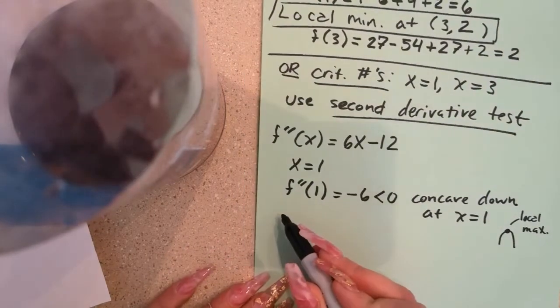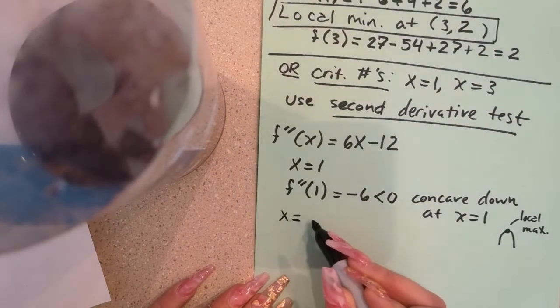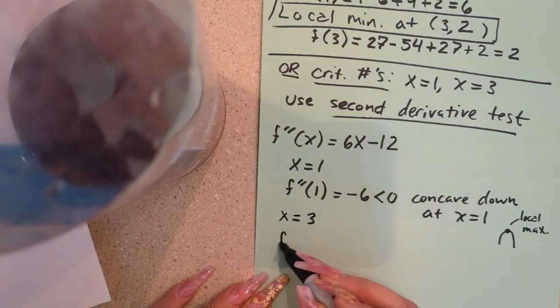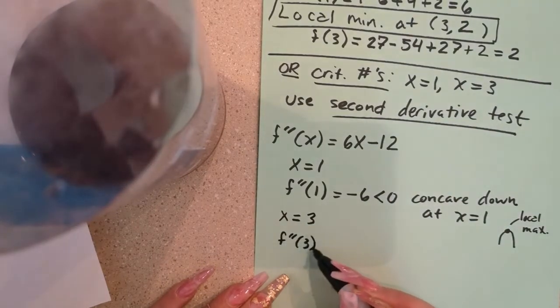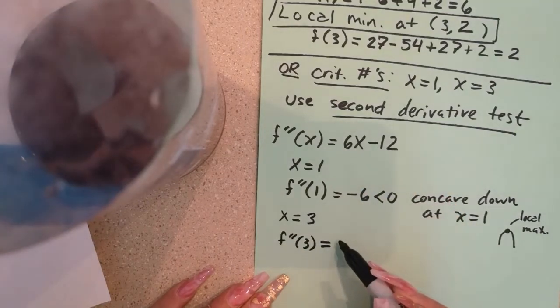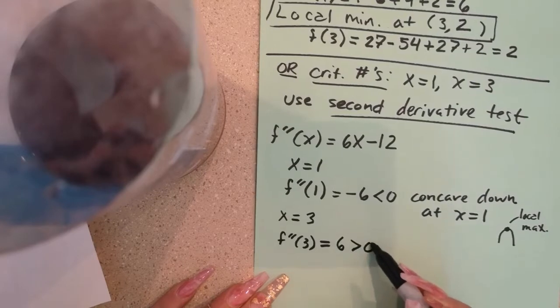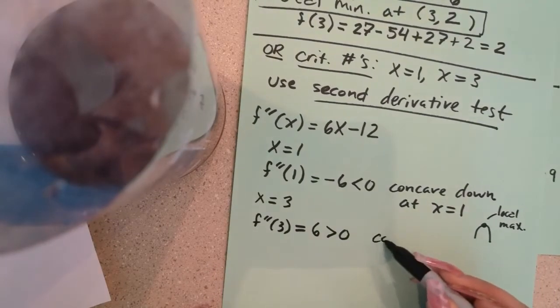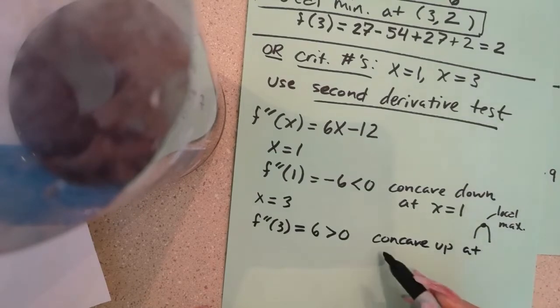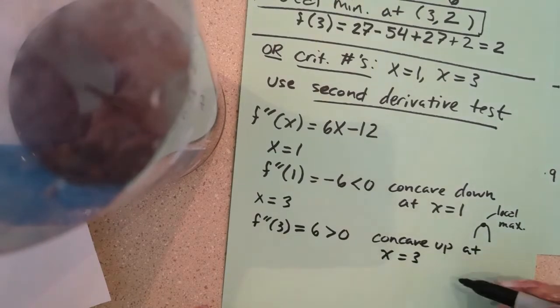So I can do the same thing here with, well, what about x equals, what was the other one? 3. Well, the second derivative at 3 would be what, 18 minus 12? What is that, positive 6? It's a positive number. So that tells me the graph is concave up at x equals 3.